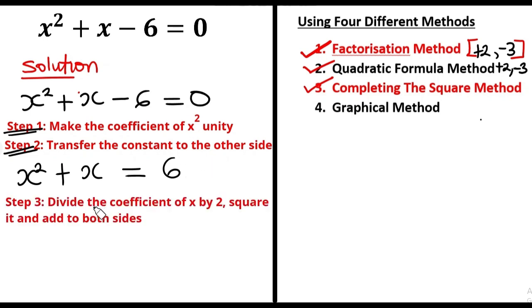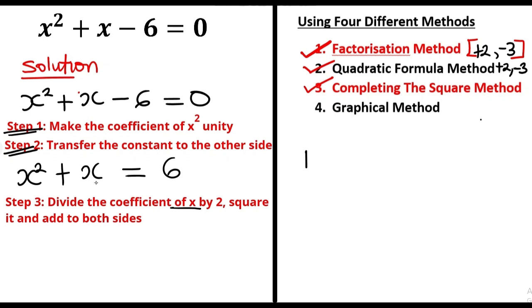In step 3, what are we going to do? We're going to divide the coefficient of x by 2, and that is not the end of it. We're going to square that and add it to both sides of the equation. The coefficient of x is 1, the number in front of x.